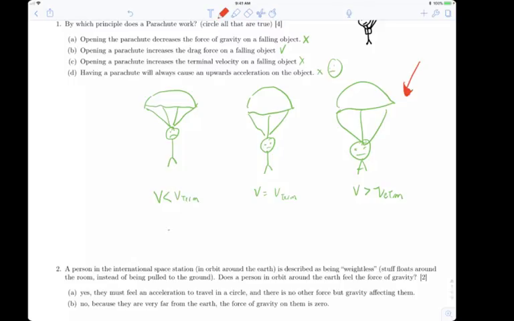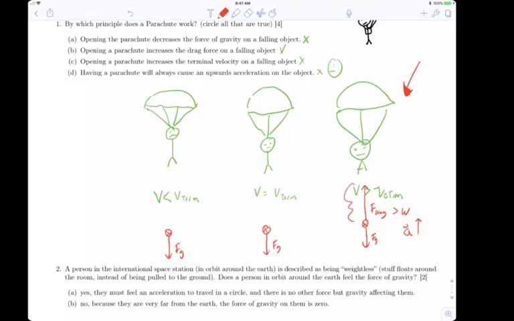But there's going to be two forces on you in all three cases. There's going to be a gravity force, and that's always going to be the same strength. And then there's going to be a drag force pushing up. So if your speed is faster than the terminal velocity, the drag force is going to be bigger than your weight, and so your acceleration vector is going to be pointed up because this force is stronger.